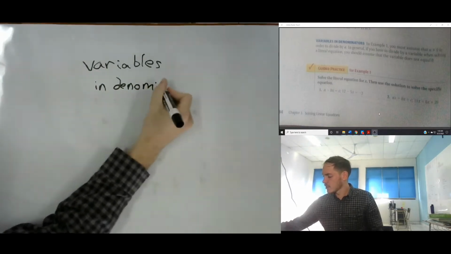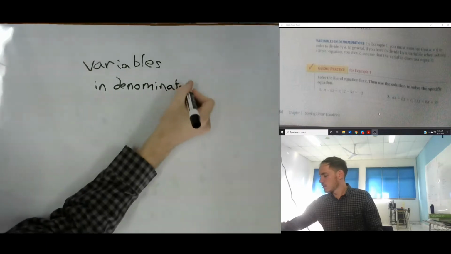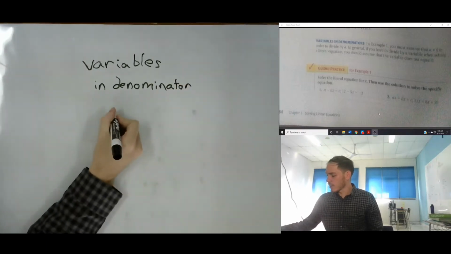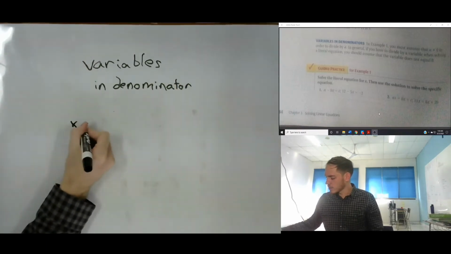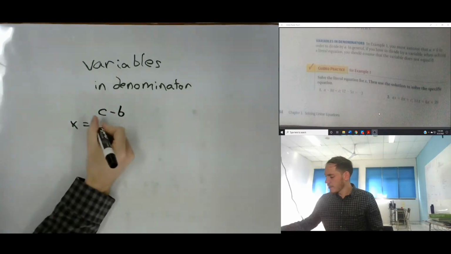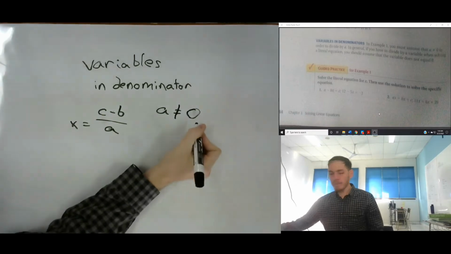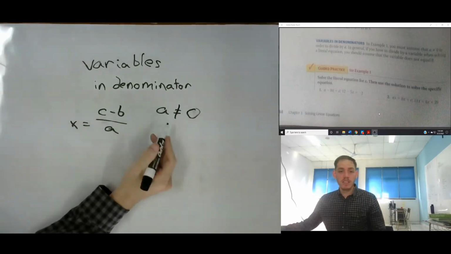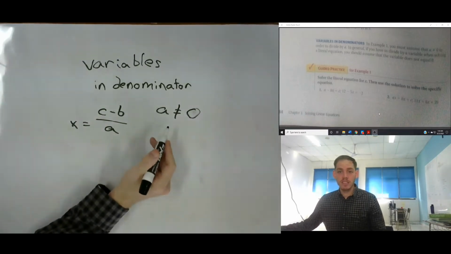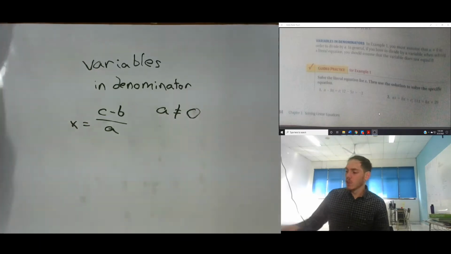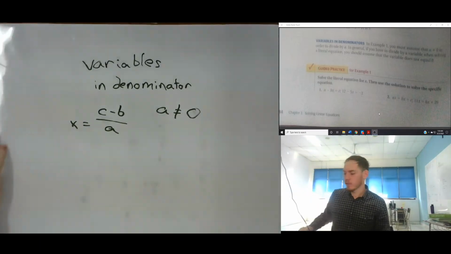Basically, just like our a there, when we had x equals c minus b over a, a could never be 0, okay? It cannot equal 0. That is just a part of it. The reason is because if we divide by 0 here, we don't get a meaningful statement, okay?